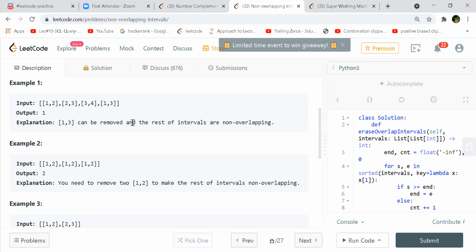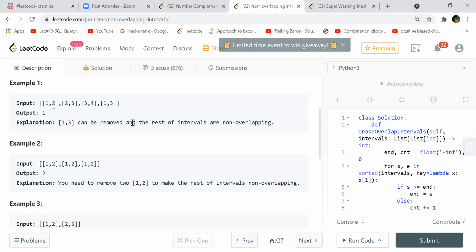Hmm. Are you saying that you are sorting with the second value? So in the first example, what you said, this two value will come first, right? 2 3 and 1 3, there is a tie at the end value.